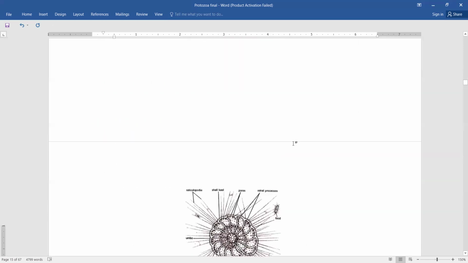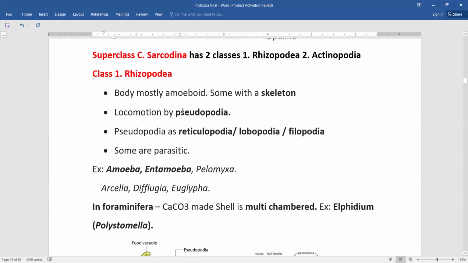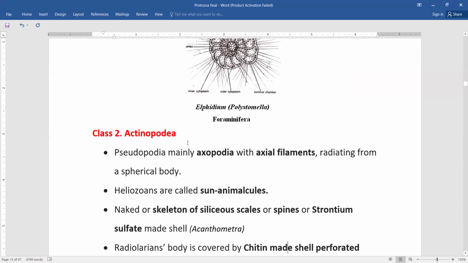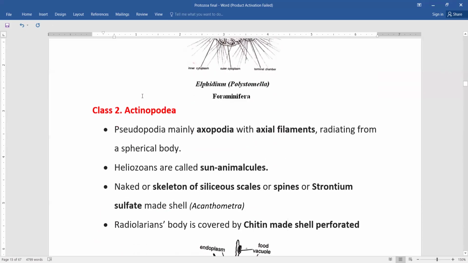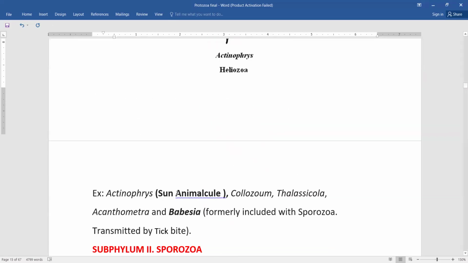Actinopodia. Once again, superclass Sarcodina has two classes. Rhizopodia has Amoeba, Entamoeba, and Polystomella. And the Actinopodia examples are Actinophrys, which is called the sun animalcule, Collozoum, Thalassicolla, Acanthometra, and Babesia.